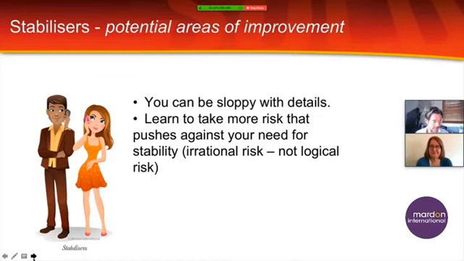I'm going to get a system. I'm going to stick with that system once it's working. Asset, but becomes a liability again when that becomes the only way of moving. The stabilizer can be sloppy with details, and they need to learn to take more risks. That pushes against their need for stability. Now, by the way, never take real risk, like we talk about risk. Risk is minimized through logical analysis.